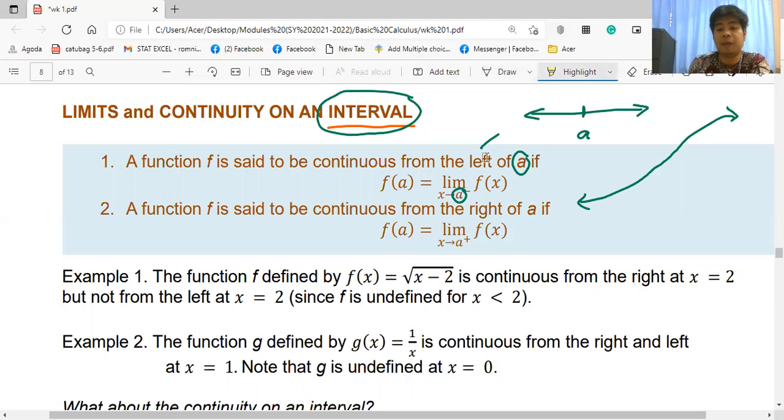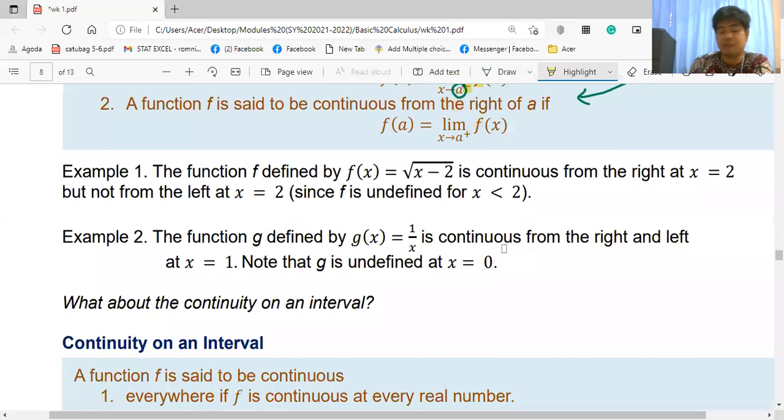So take a look at the partnership of left and the symbol for left there. Now in the second condition, a function f is said to be continuous from the right of a if and only if f of a is equal to the limit of f of x as x approaches a from its right. Okay.